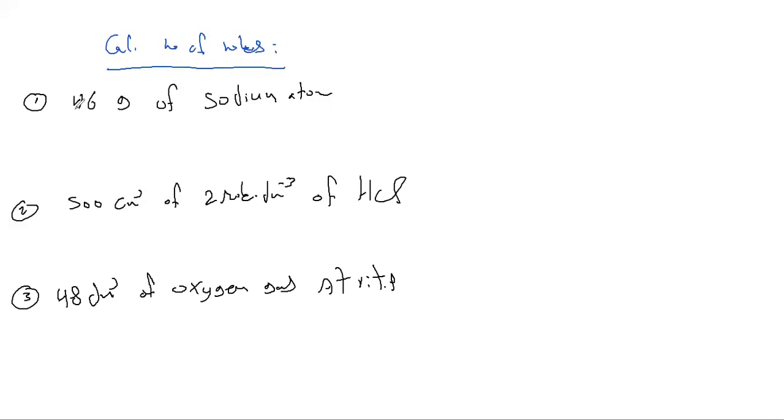In each case, number of moles is equal to mass over molar mass. So it is equal to, sodium from periodic table, you'll find it 23. This is the molar mass. And then we have 46, this is the mass, equal 2 moles.